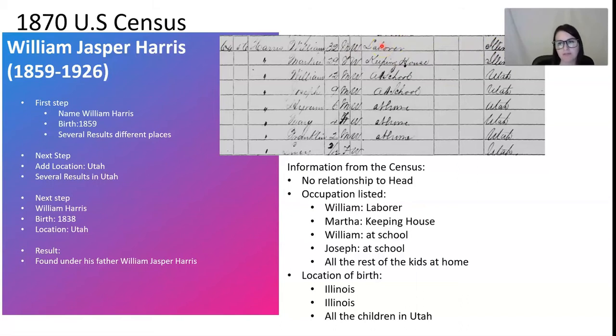He could be a laborer of many different things. His mother's keeping house. William and his brother are at school, and then the rest of his siblings are at home. Once again, there is no relationship to head, but there is the location of both parents of birth and of the children's birth. So after the 1870 census, we move on to the 1880.